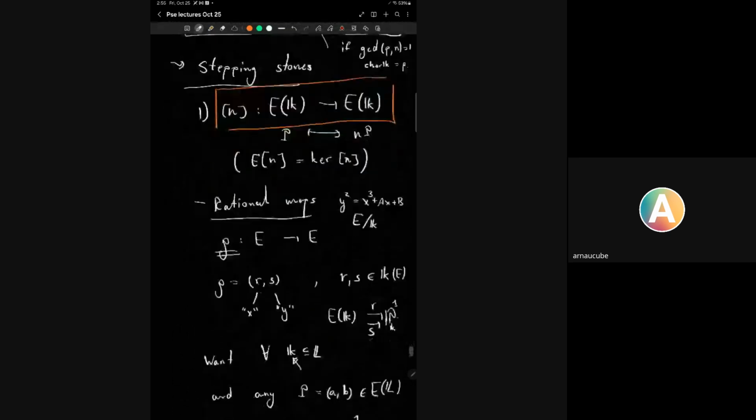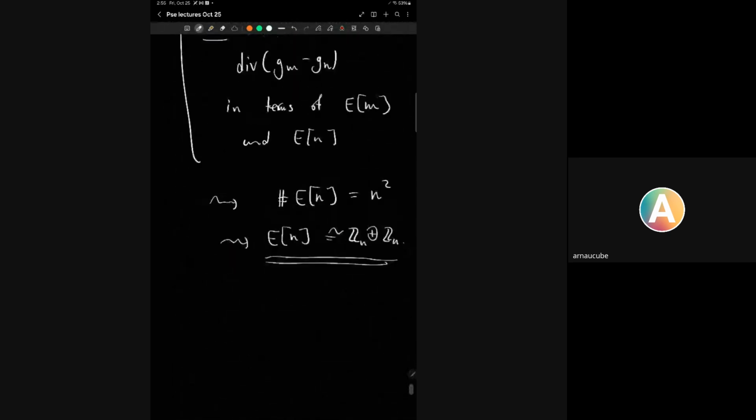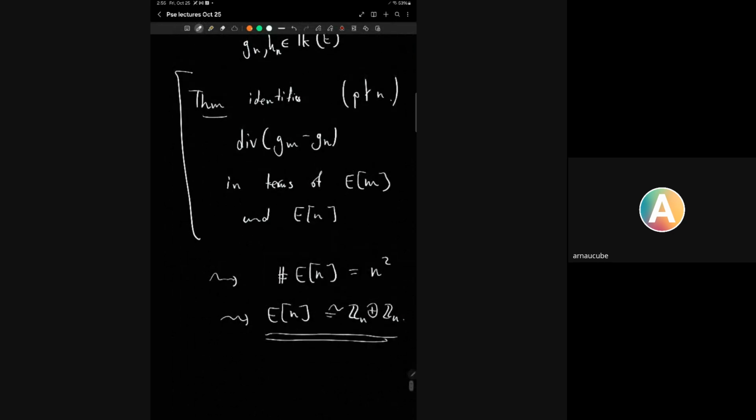Yeah. So, if you remember, to prove that the number of points of En is n squared, this was recurrence relations.